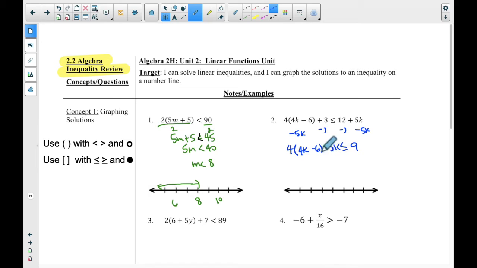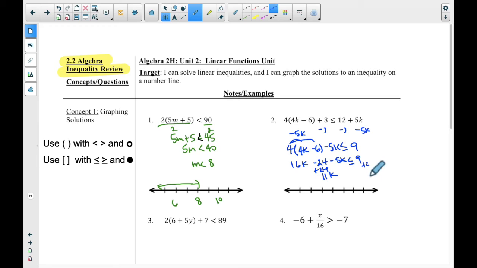I know I've been talking about dividing it, but dividing it doesn't always make sense. In this case, I think distributing it is going to make more sense. So I'm going to distribute this, and that gives me 16k minus 24 minus 5k is less than or equal to 9. Now, the k's are on the same side. I can combine those like terms. It gives me 11k, and I can add that 24 to the other side.